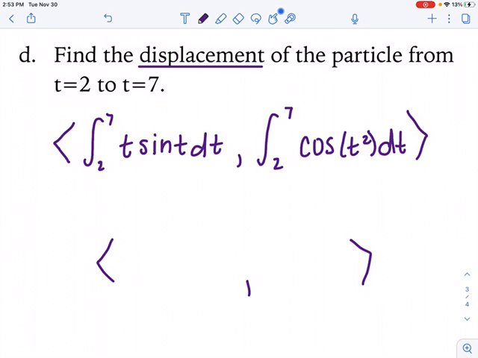You should get negative 6.362 for your horizontal displacement. And then you should get 0.097 for your vertical displacement.